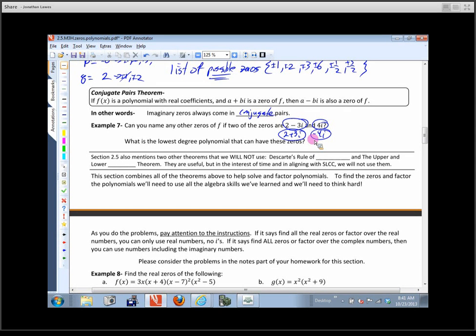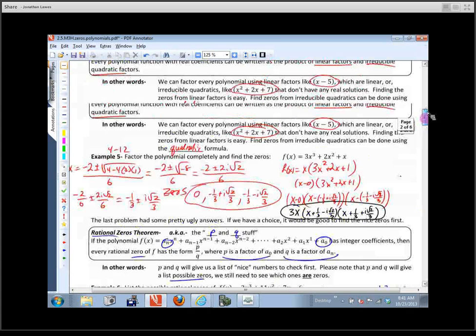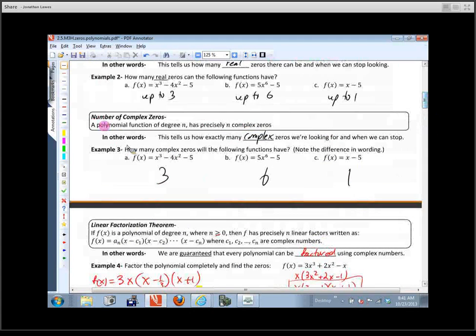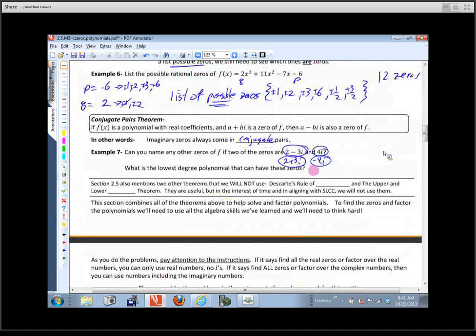Because remember, we have the same number of complex zeros as the degree. Look at the bottom of this page right here. A polynomial of degree n has precisely n complex zeros. So if we were going to have 4 answers, which we had on this one right here, it's got to be at least degree 4. Okay? Make sense? So I'll put at least degree 4.